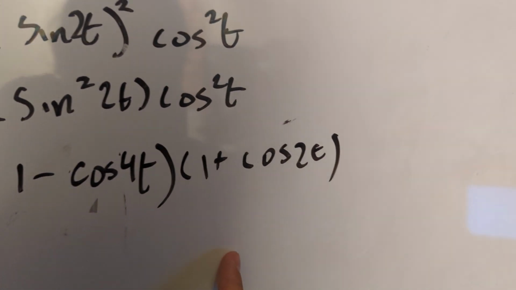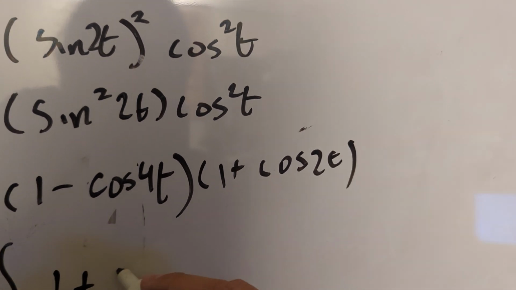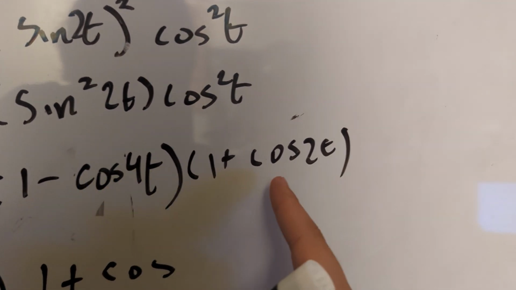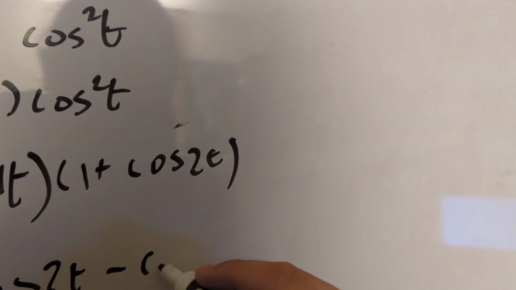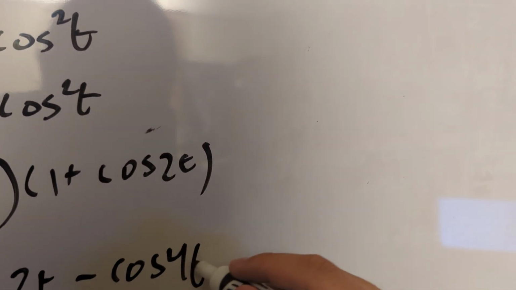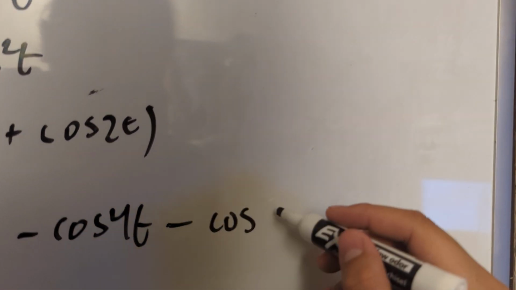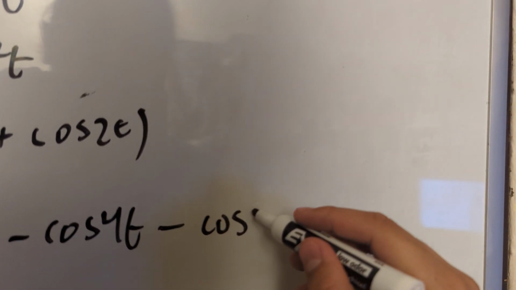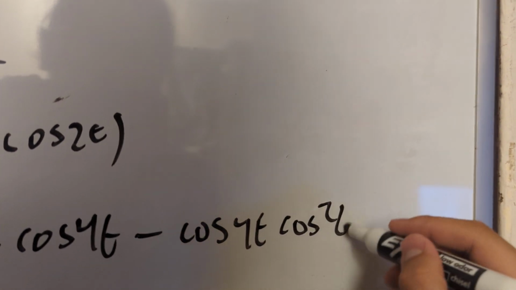So we would now just FOIL this, which would give us 1 plus cosine 2t minus cosine 4t minus cosine 4t cosine 2t.